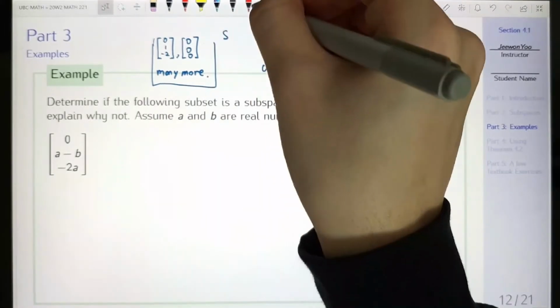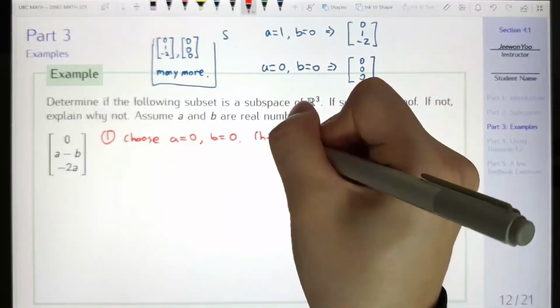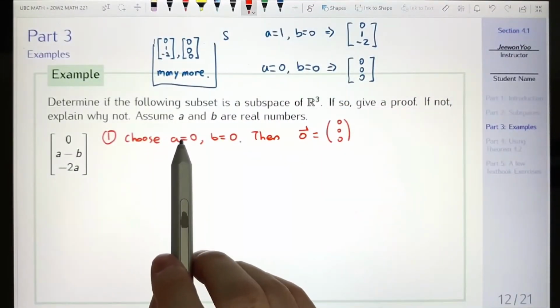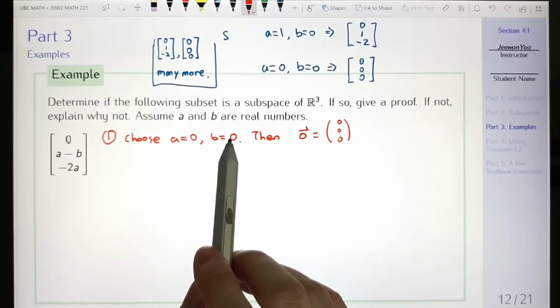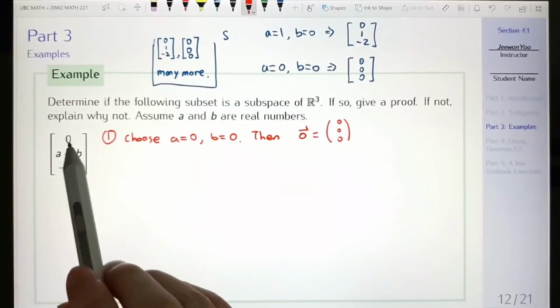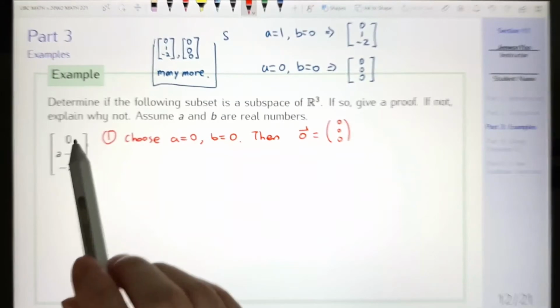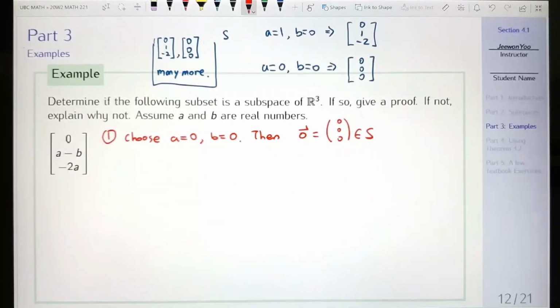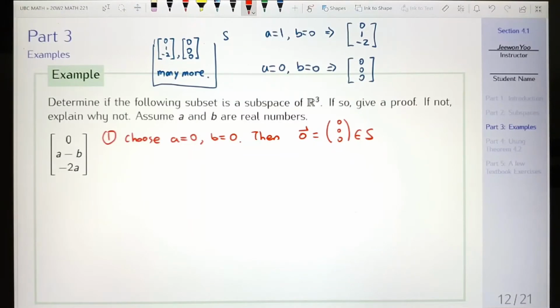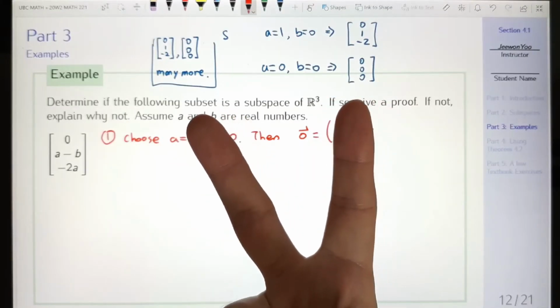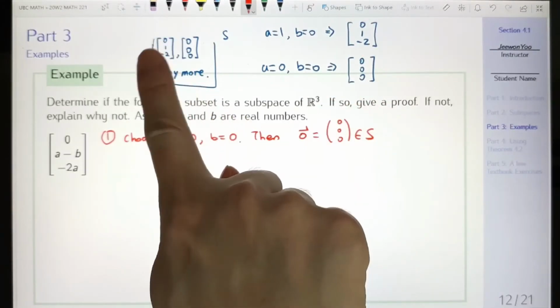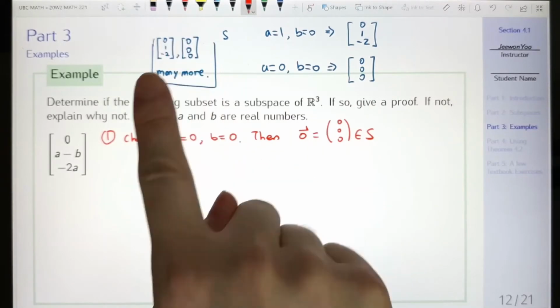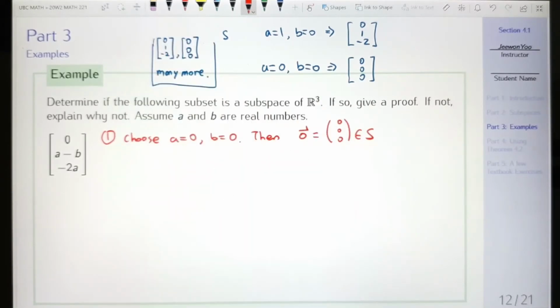Number 1, if you choose a equal to 0, b equal to 0, then this vector becomes the 0 vector living in S. Now you guys know we need to pick two arbitrary vectors living in this box and add them up.